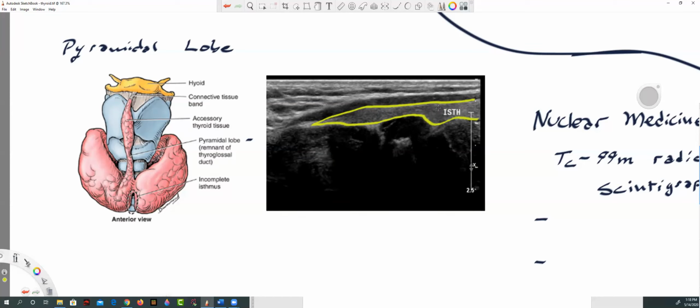Right here is the true isthmus, the true connection between the two lobes, and up here is this kind of accessory tissue, this pyramidal lobe.